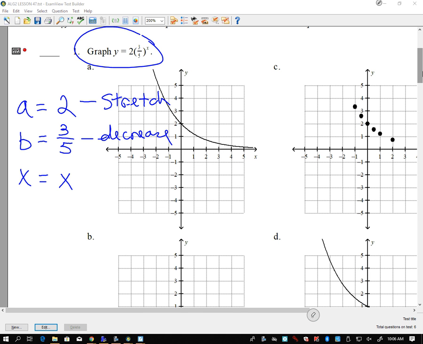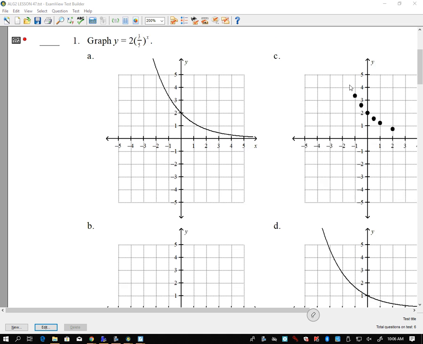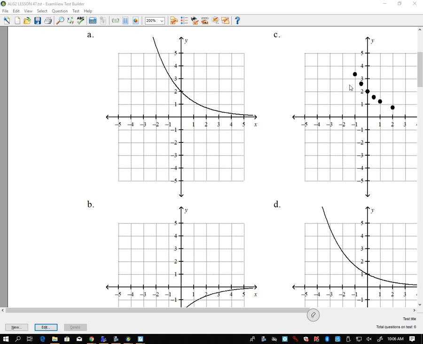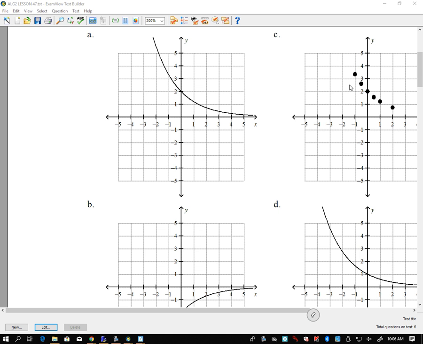Do we see a difference between A and D at all? What's the difference? Which one is stretched? I think D is stretched. Notice in here, what's something that we can spot really quickly?